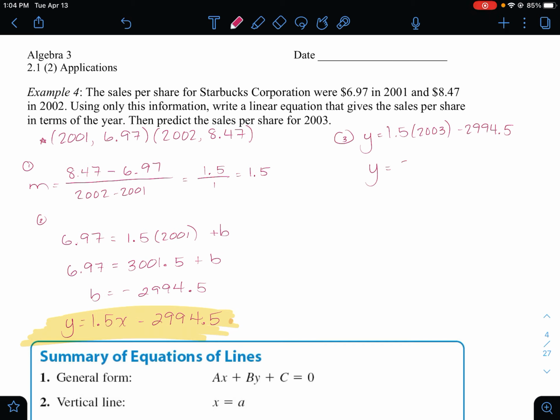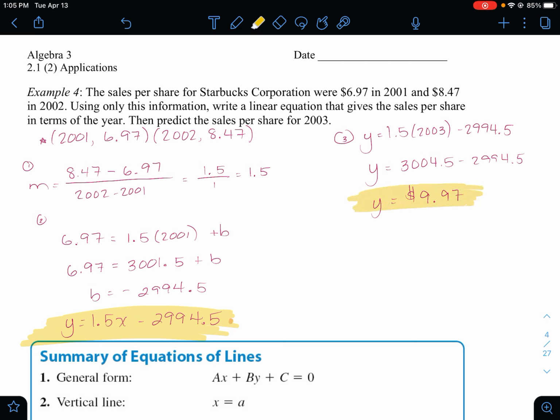So we get y equals 3004.5 minus 2994.5, which is 10. So that means the cost of a share in 2003, according to this, and as long as it's a linear model, is 9.97.